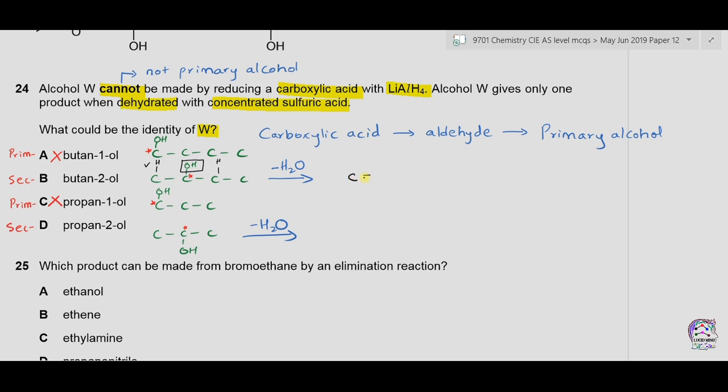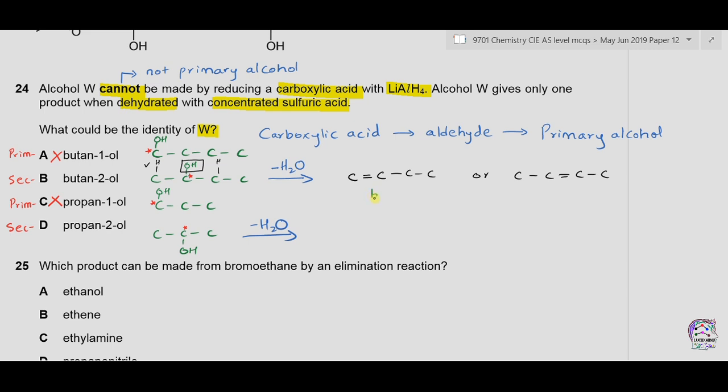Either it could be this one, in which hydrogen is removed from the first carbon and OH is removed from the second carbon, or this one, in which OH is removed from the second carbon and hydrogen is removed from the third carbon atom.